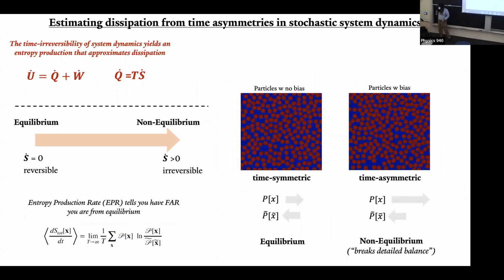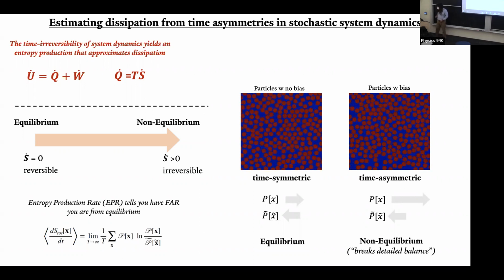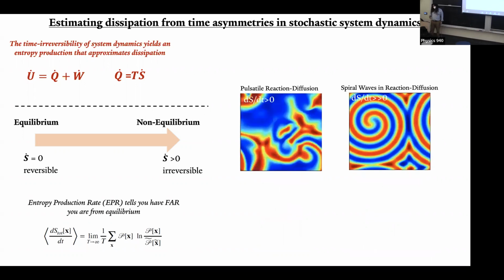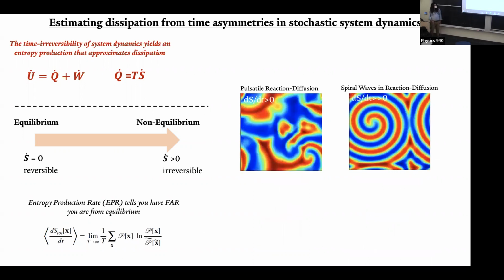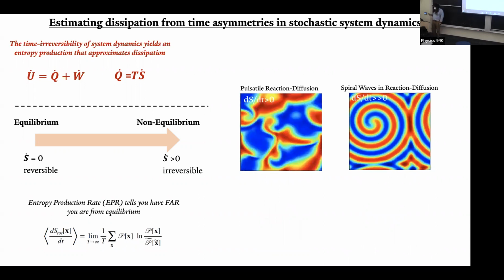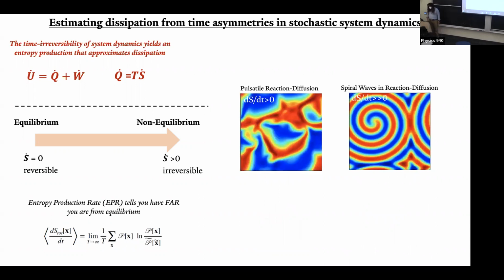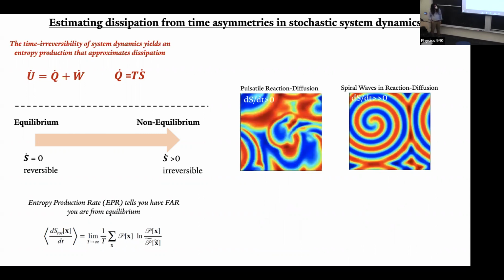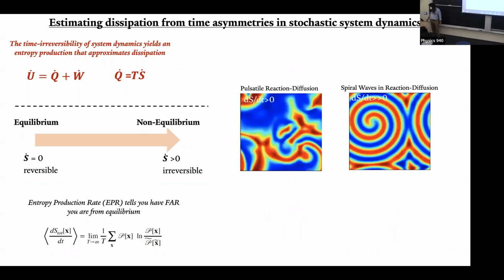So using things like information theoretic approaches, we can estimate something like the production of entropy. We can do that for random variables, but we can also do that for spatially extended quantities. So here, for example, we have a reaction diffusion network, one which is not at equilibrium, but not far from it. And again, it's very difficult to see when the movie is reversed.